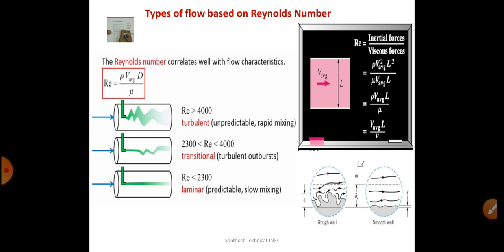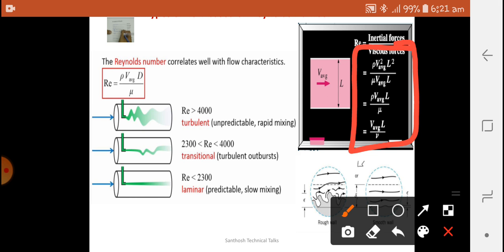Reynolds gave a beautiful formula and relation about the type of flow, either laminar or turbulent. The Reynolds number is the ratio of inertial force to the viscous force, where after all the derivations, putting inertia force as well as the viscous force, we come up with the formula rho V D by mu, that is density, velocity and characteristic length divided by the dynamic viscosity.